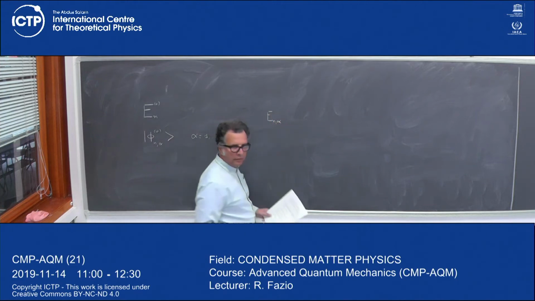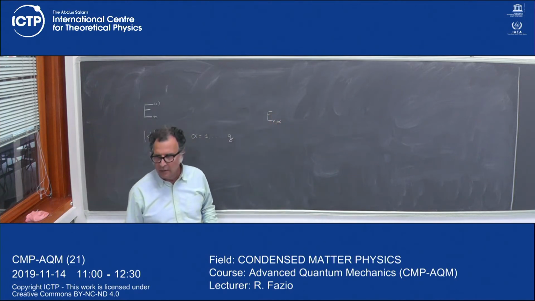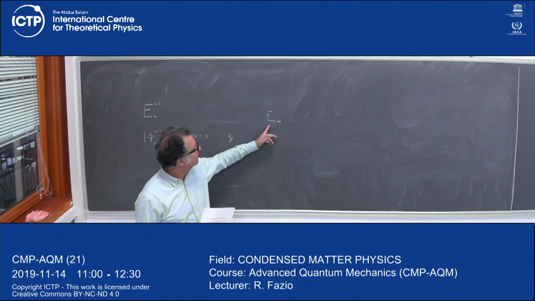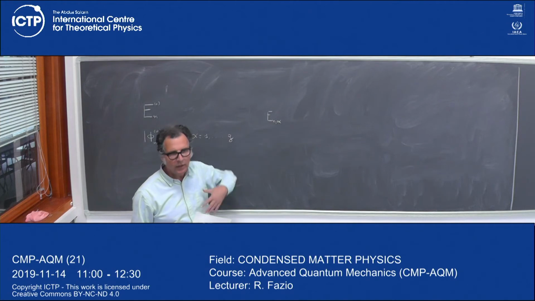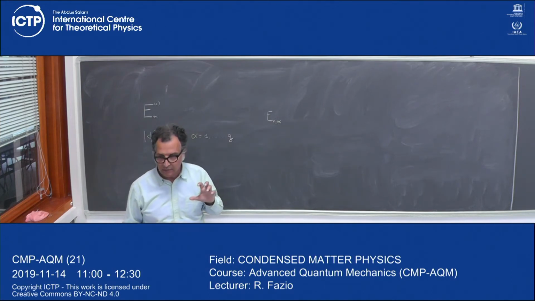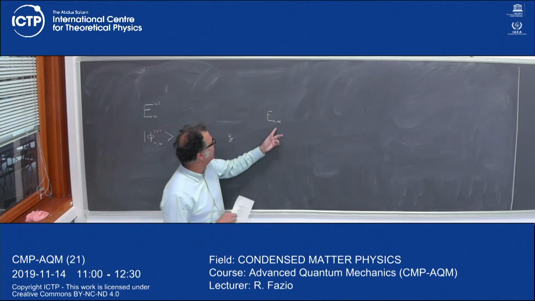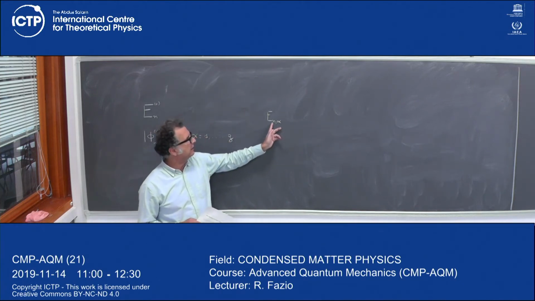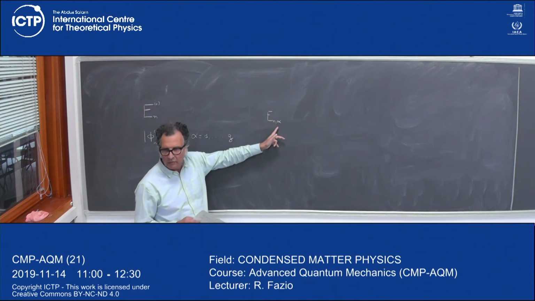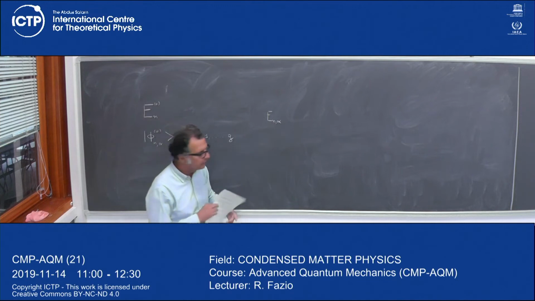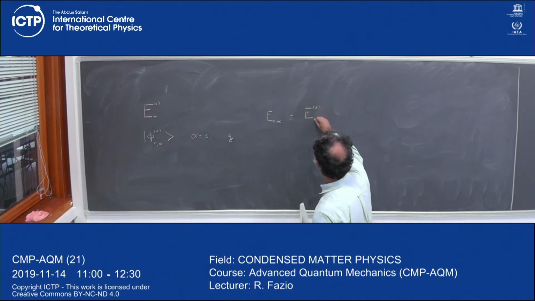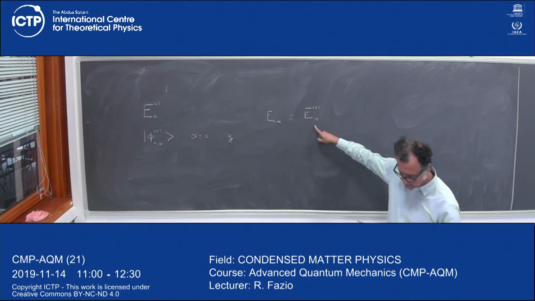So I'm assuming, for simplicity, that the perturbation lifts the degeneracy. If it lifts the degeneracy, it means that E_n will also depend on alpha, in such a way that at zero order it depends only on n.